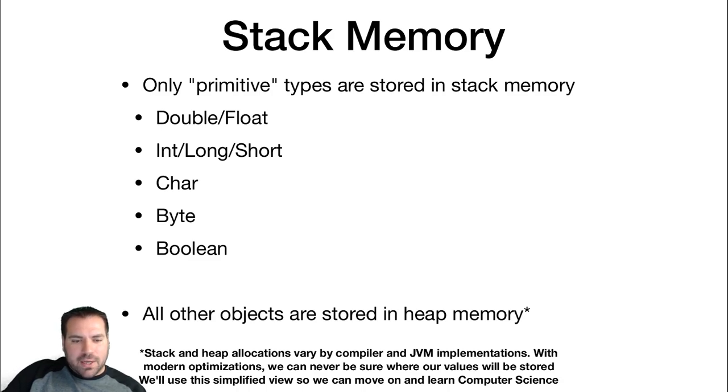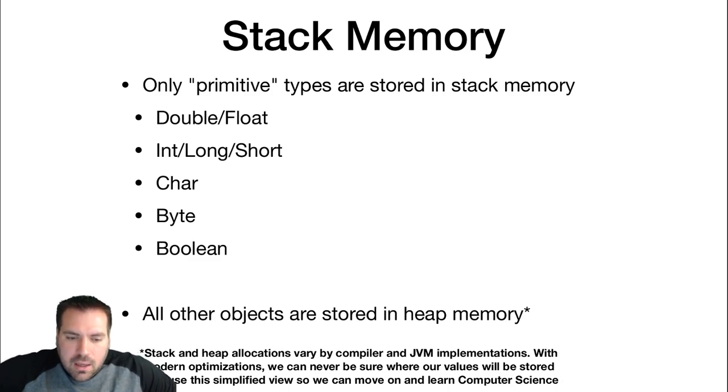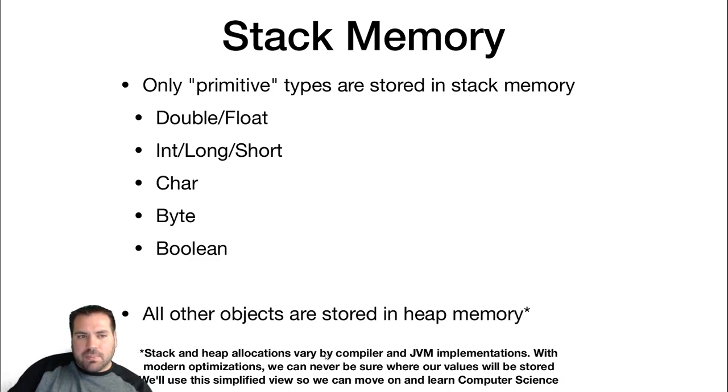With my note here that this might be different depending on JVM versions and compiler versions, even though some things might be different, the behavior is going to be the same. We're always going to get the same behavior. So these values will always behave as though they are on the stack, and everything else is going to behave like it's in heap memory.